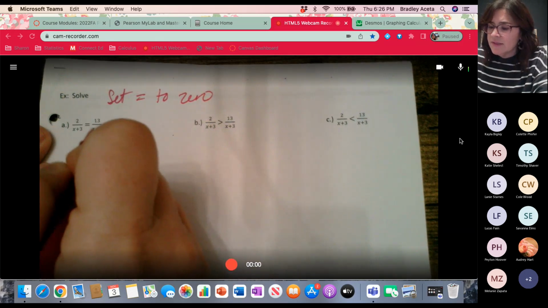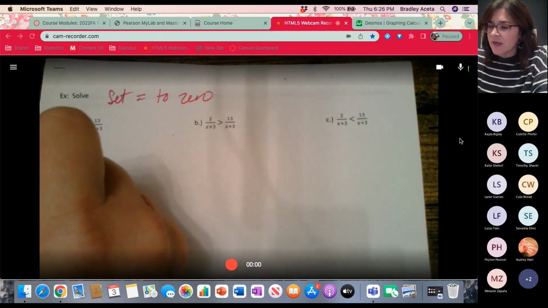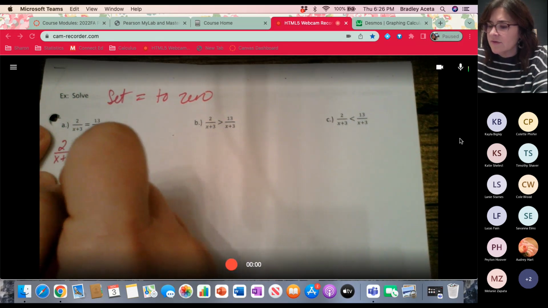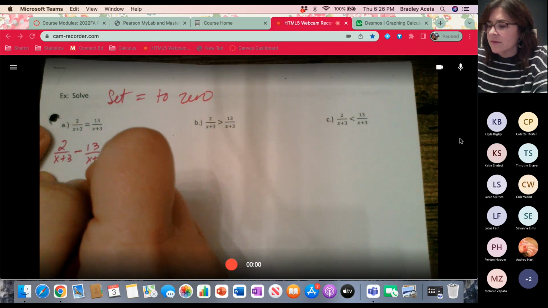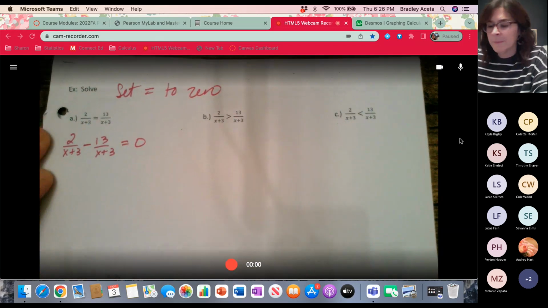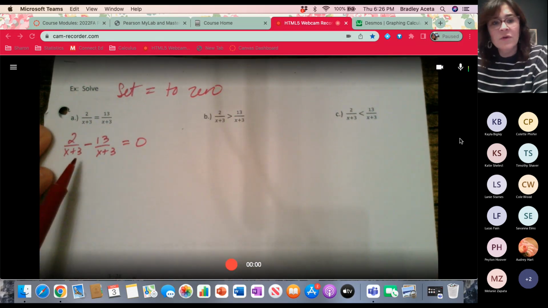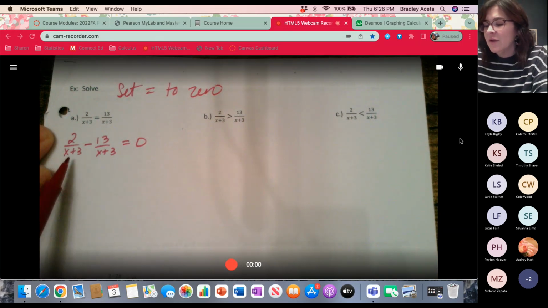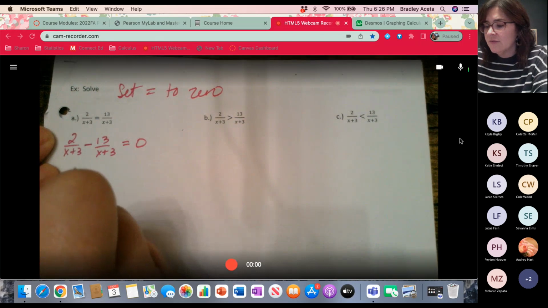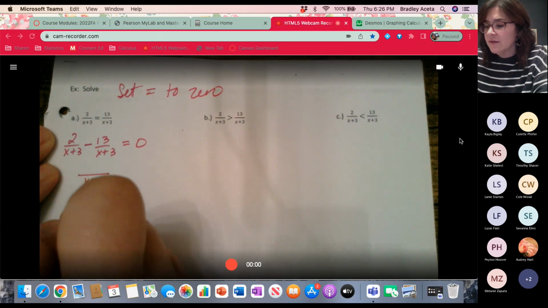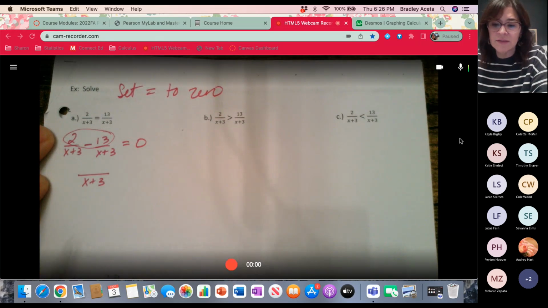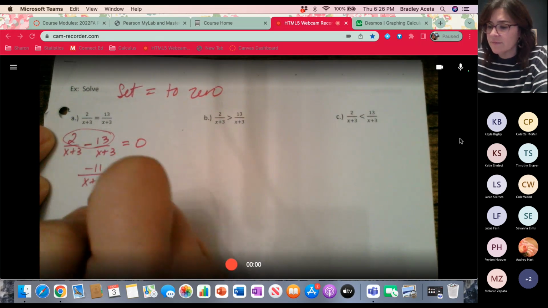I like to move everything to the left, so I'm going to have 2 over x plus 3 minus 13 over x plus 3 and set it equal to 0. Well, if you know your fraction rules, which you should, you're in pre-calculus, when you have a common denominator, you can keep that denominator and combine the top. 2 minus 13 is -11.